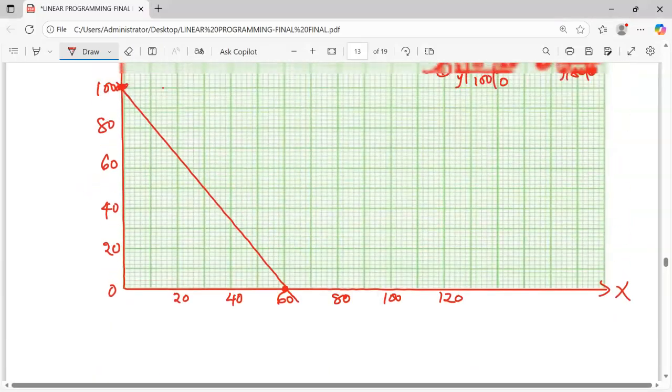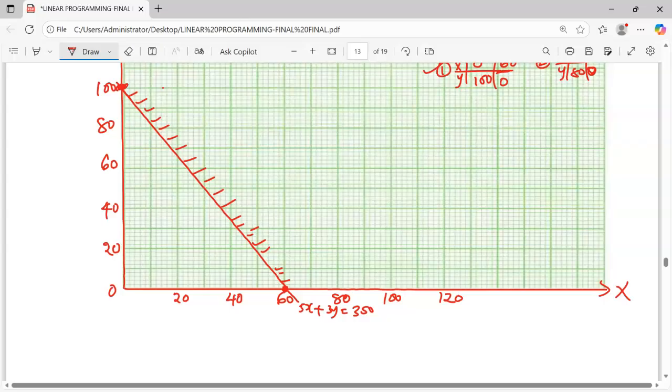After drawing this line, remember what we need is below the line, and therefore we are going to shade the upper part. This line is 5x plus 3y is equal to 300.